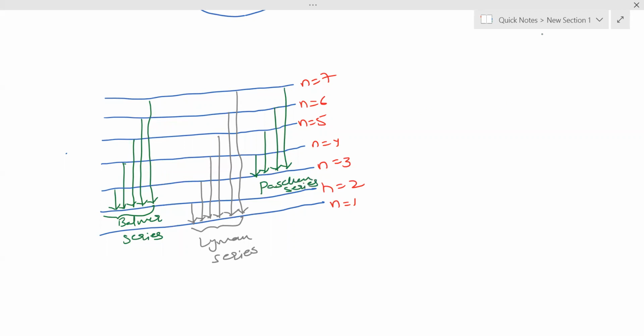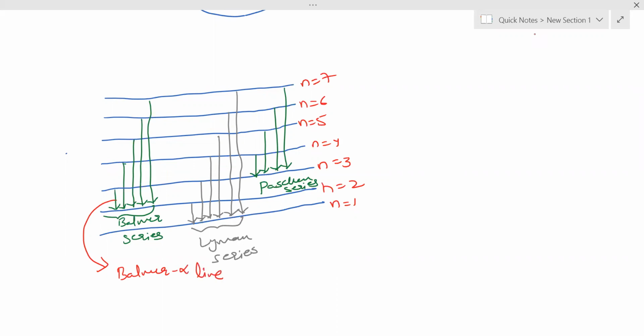And here, in each of the series, the first transition is called the first line, like so. This is called the Balmer alpha line.